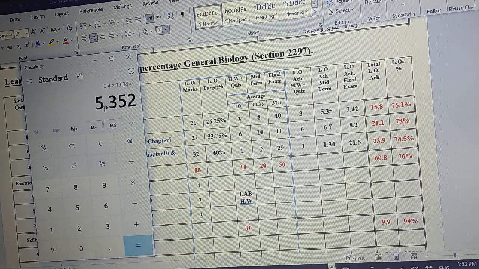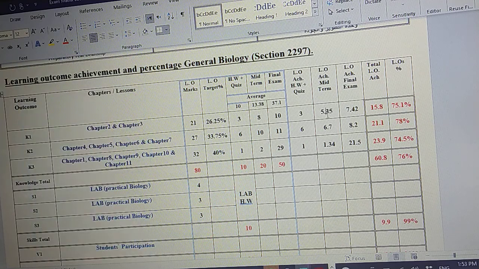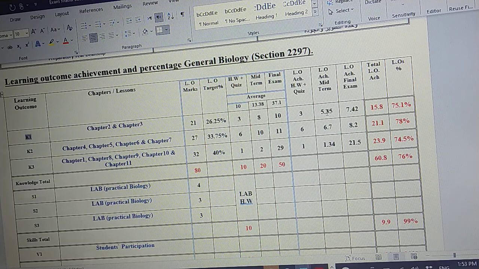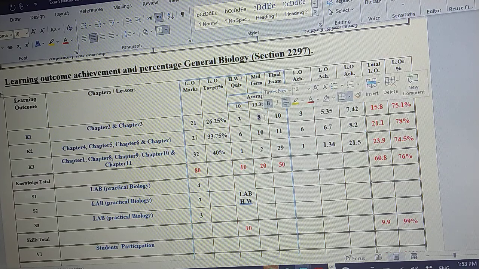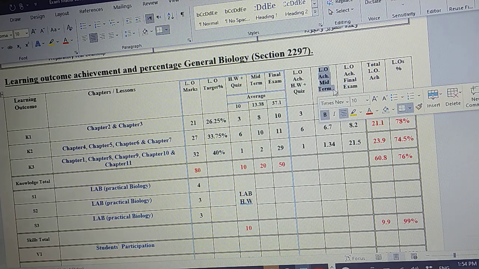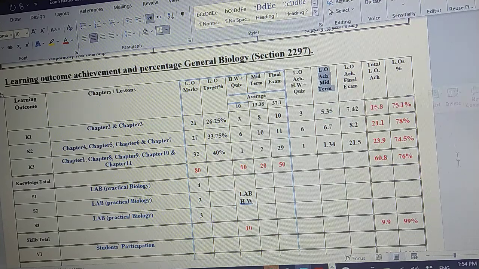It will be about 5.35. For example, if there are 8 marks representing the K1 in the midterm, the students of this section achieved 5.35 out of 8. This means the achievement of learning outcome in the midterm for K1.